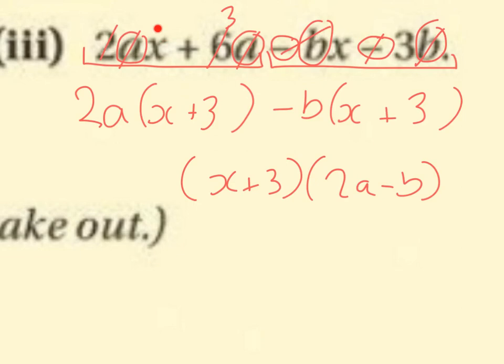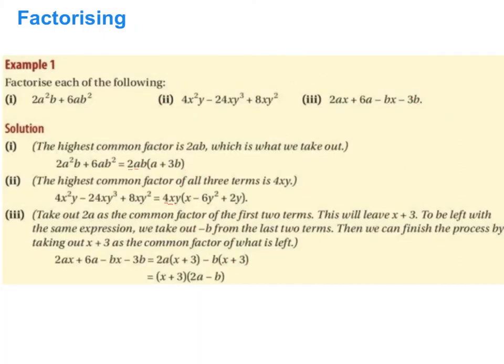So if I want to factorize 2ax plus 6a minus bx minus 3b, I end up with x plus 3 multiplied by 2a minus b, or else I can rewrite it the other way around as 2a minus b multiplied by x plus 3 gives me the same thing. So the factors of 2ax plus 6a minus bx minus 3b are going to be x plus 3 and 2a minus b.